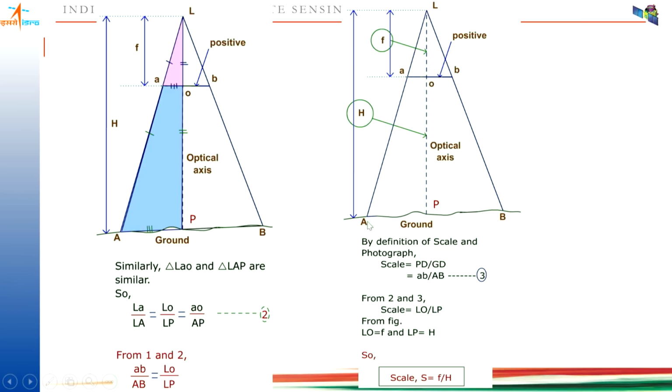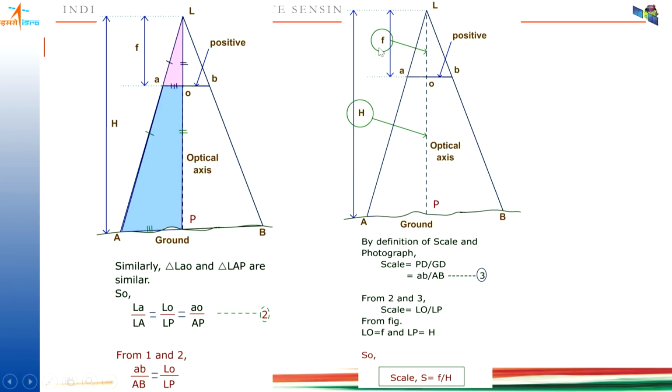Now here we have taken that the ground is completely flat, but in reality the ground is not flat, the ground is variable. So there is ground some point here, some point here, some point here, so like this. So the capital H, that means flying height above the ground, is not a constant value here.